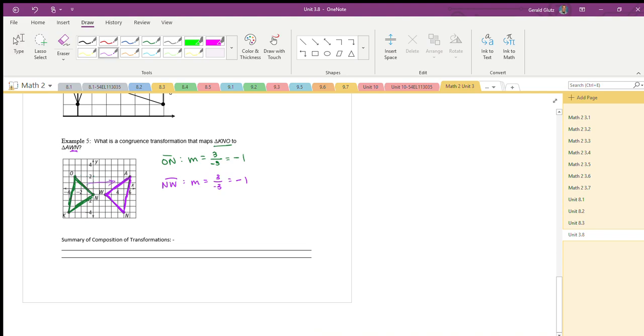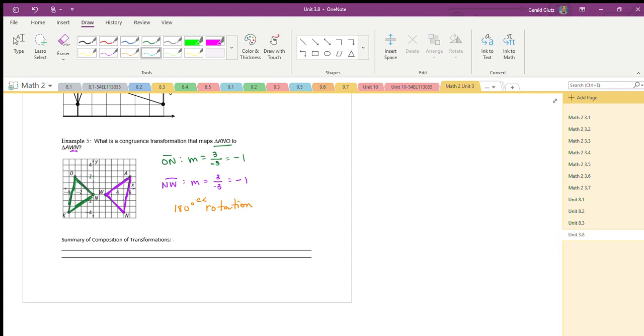But if I slide that over, it's not going to fit because the straight part is on the left and the straight part's on the right. So if I just slide it over, it won't fit. So that means it has to be a rotation. So it's going to be a 180-degree rotation. You can say counterclockwise. All our rotations will always be counterclockwise.